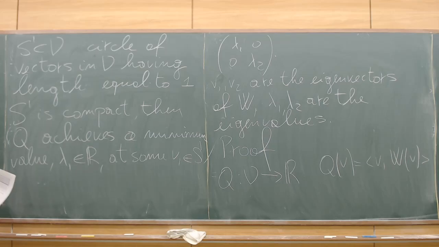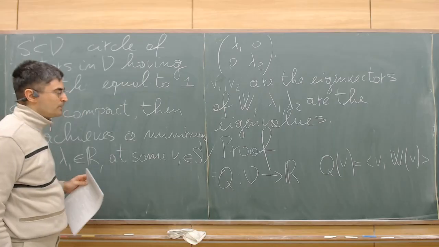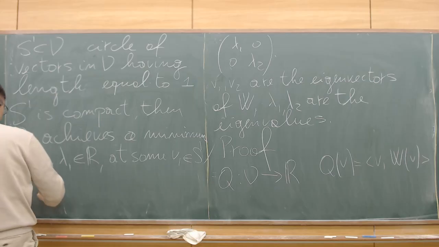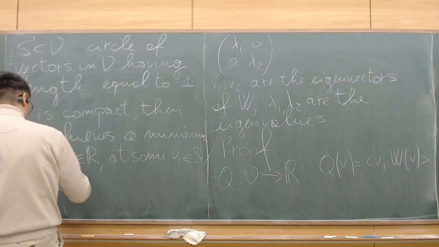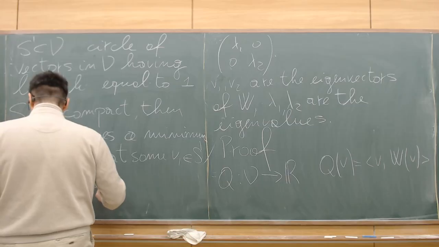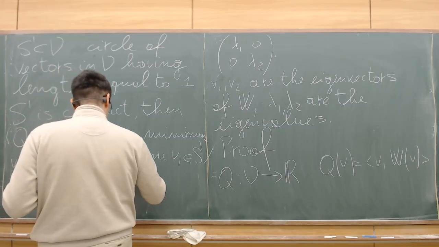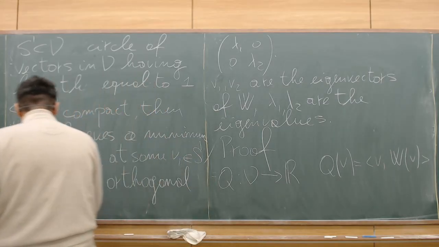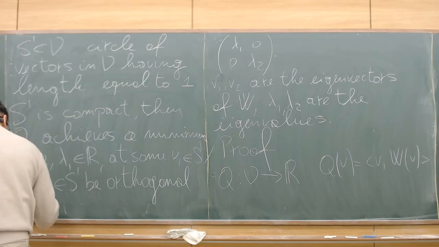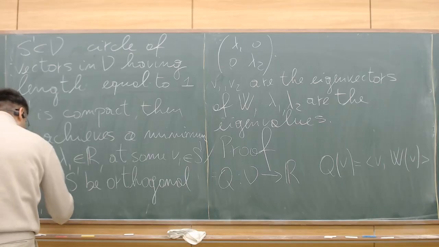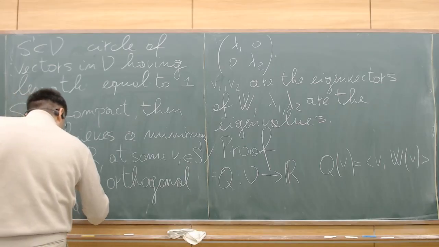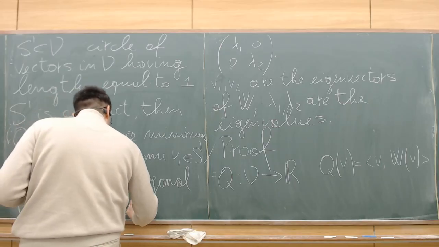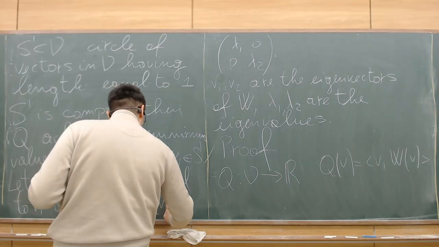Here I am using a lemma that you can find in the appendix. Then let V2 be orthogonal to V1 and set lambda 2 equal QV2.